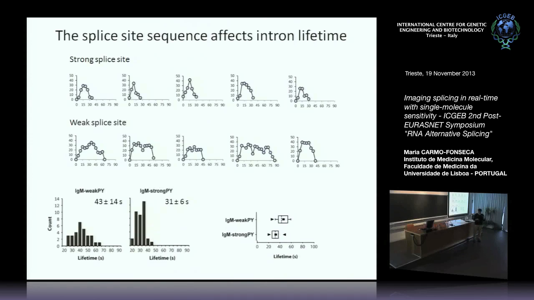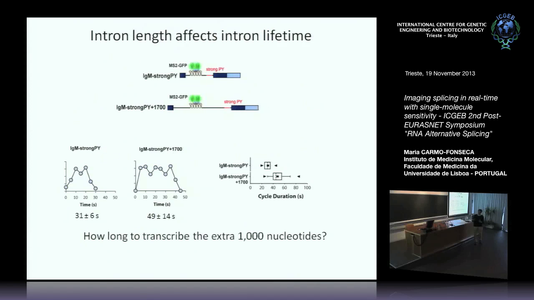If all of this is correct, we should also predict that if you now increase the length of an intron, you should increase the lifetime, because now there are more nucleotides that need to be transcribed before the splicing. So in order to test this prediction, we did another construct where the splice sites are exactly the same, but we have introduced an extra 1,000 nucleotides after the MS2.